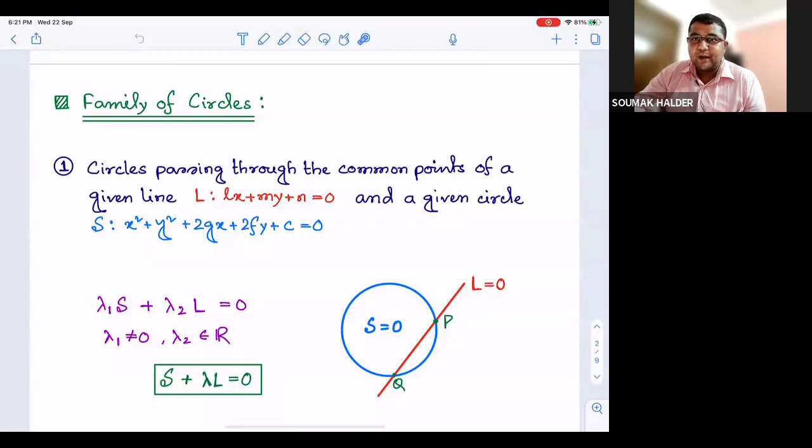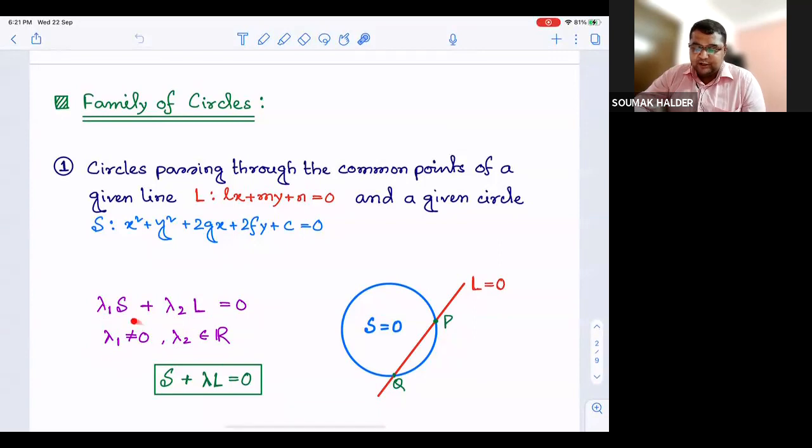So to ensure that this representation stands for a circle, we must have lambda 1 as a non-zero real number and lambda 2 as any real number. Because lambda 2 can be 0, that will give you back the S is equal to 0 trivial member.